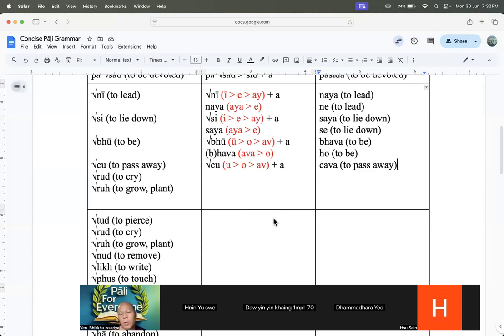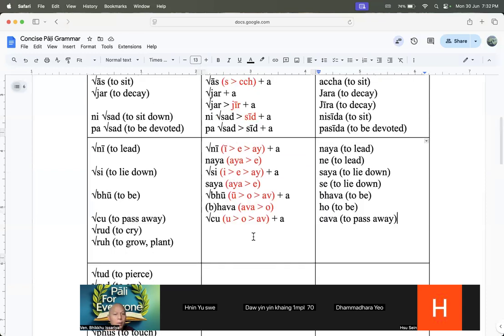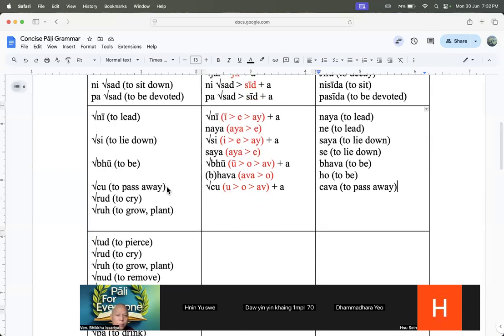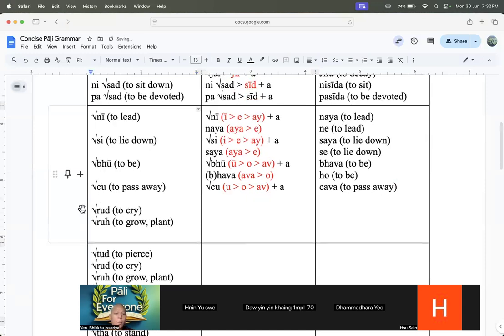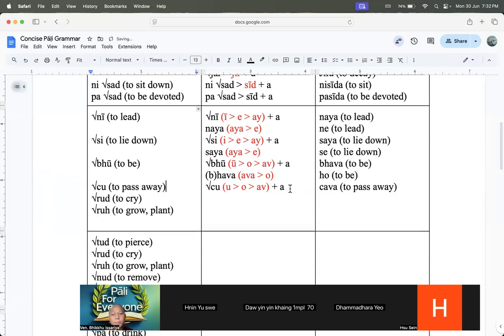Okay, so and then another root. So here next, sorry, root ru. This root is ru, to cry, and the a.